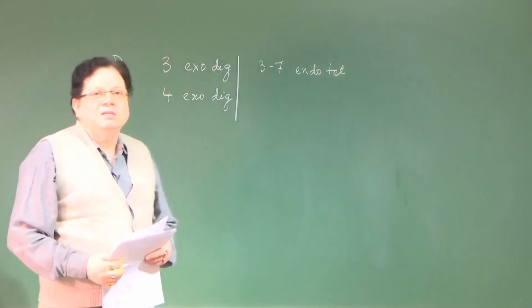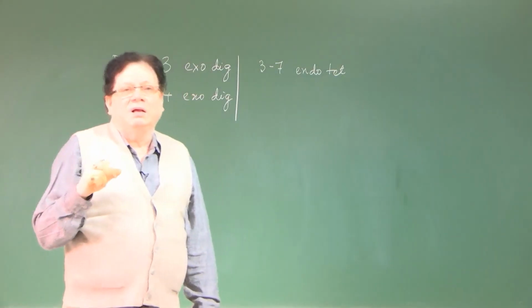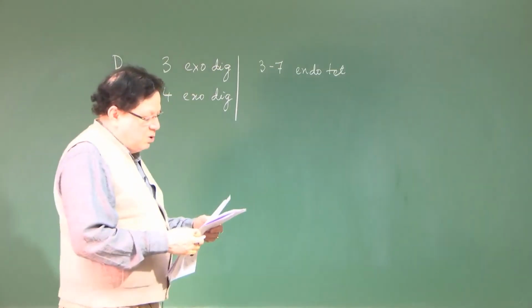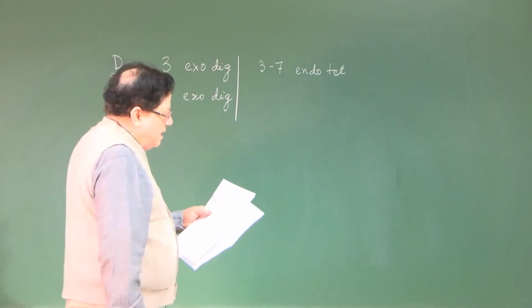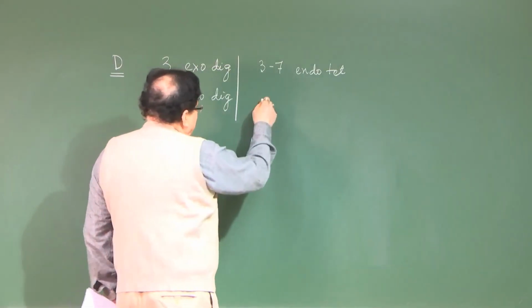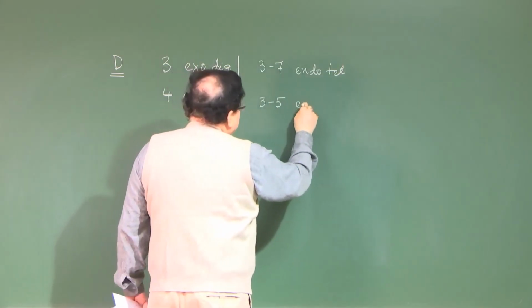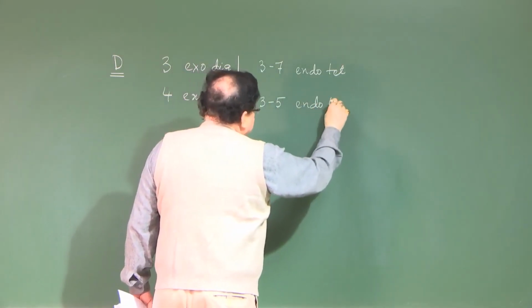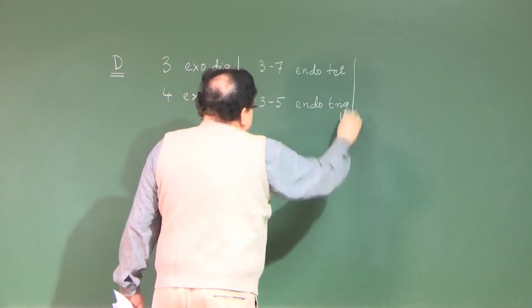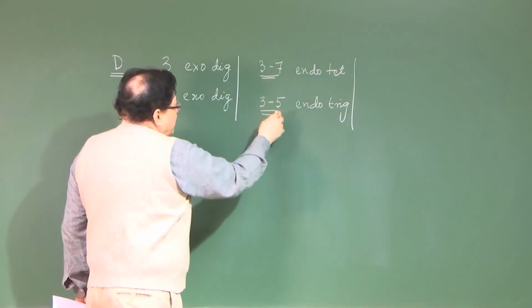Endo cyclizations are usually difficult at tetrahedral carbon and trigonal carbon. So, what is really disfavored is 3 to 7 endo tet cyclization and 3 to 5 endo trig cyclization. So, there is a difference here, both are endo.